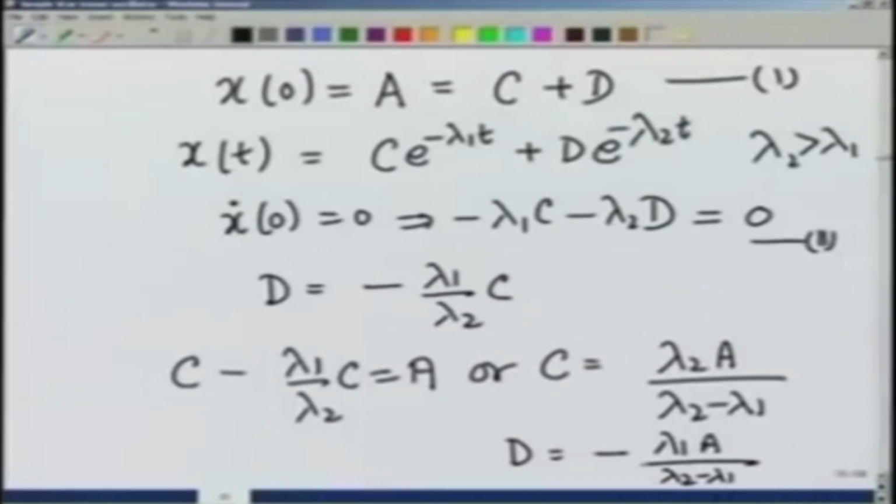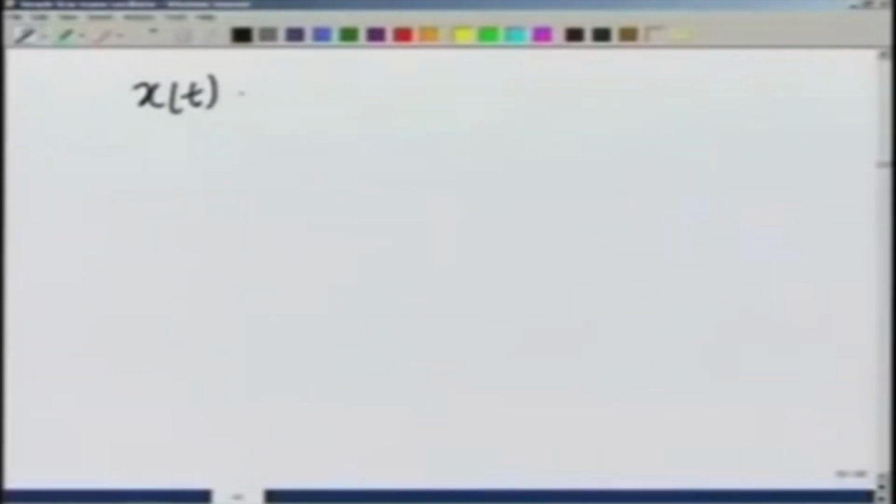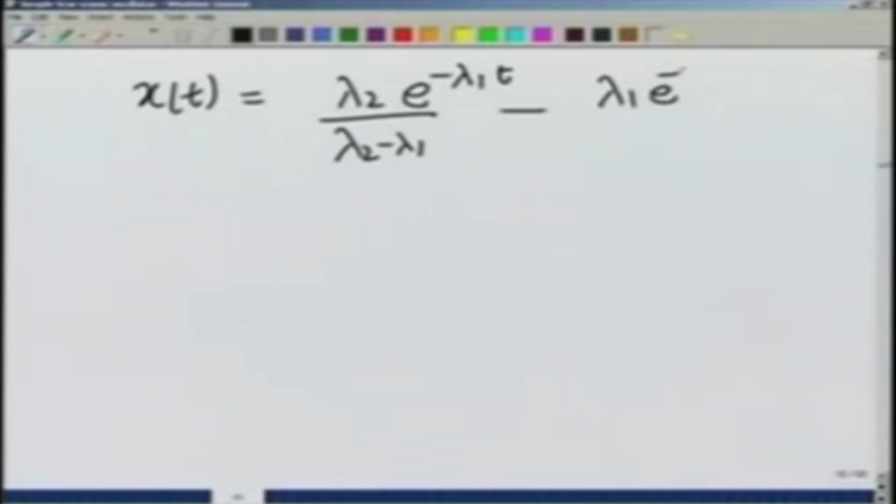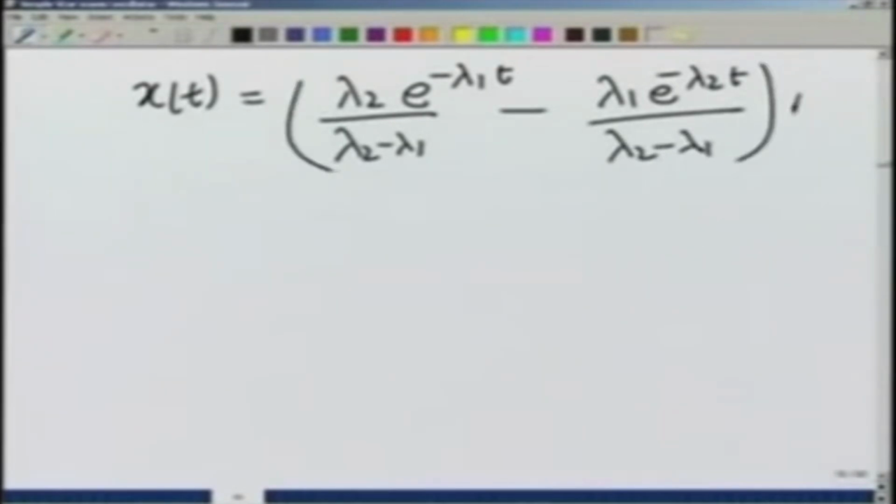I have obtained both the coefficients in the case when I pulled the mass out and let go, and therefore, the general solution in this case is going to be of the form λ2/(λ2 - λ1) e^(-λ1 t) minus λ1 e^(-λ2 t)/(λ2 - λ1), times a.